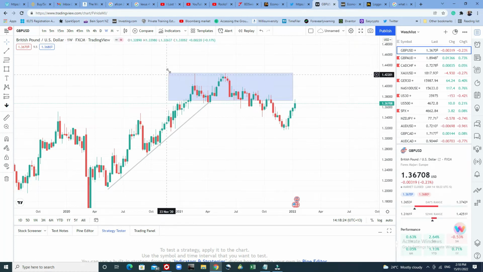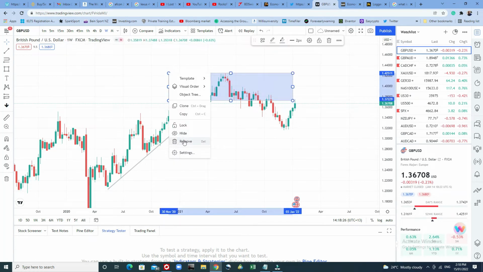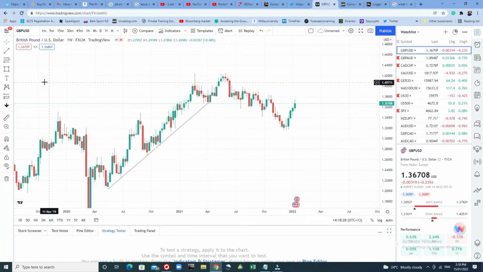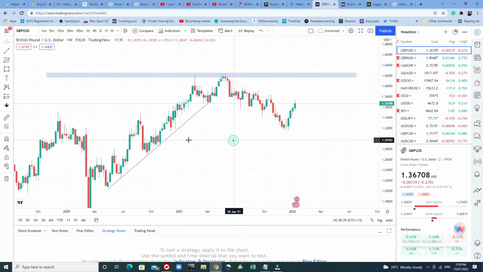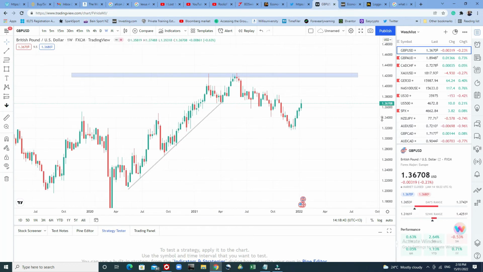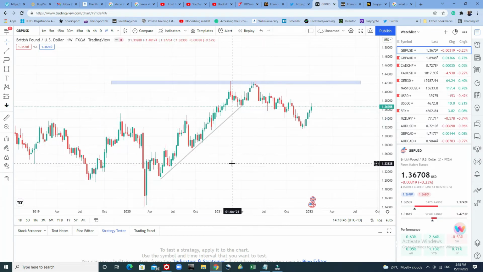What we're going to do now is to start drawing support and resistance. When we draw support and resistance, we're going to draw like that, and we're going to find another support. This is called resistance.